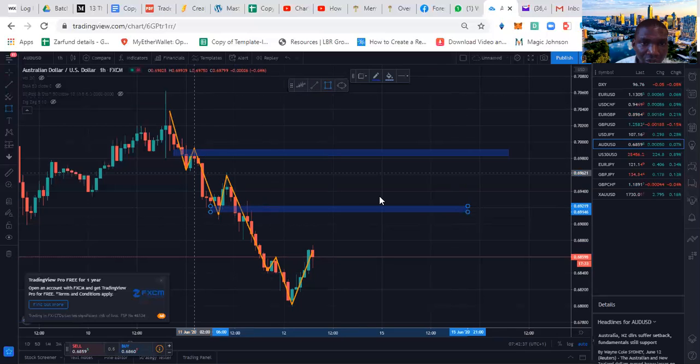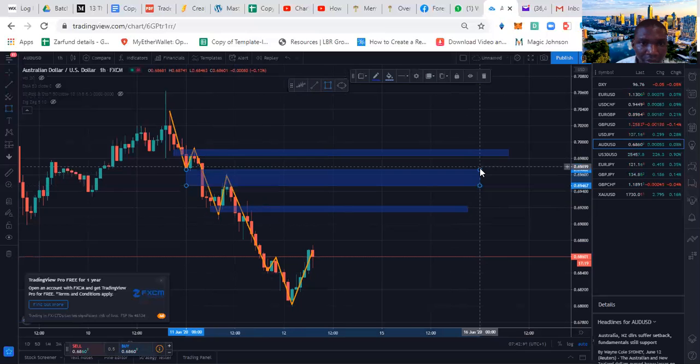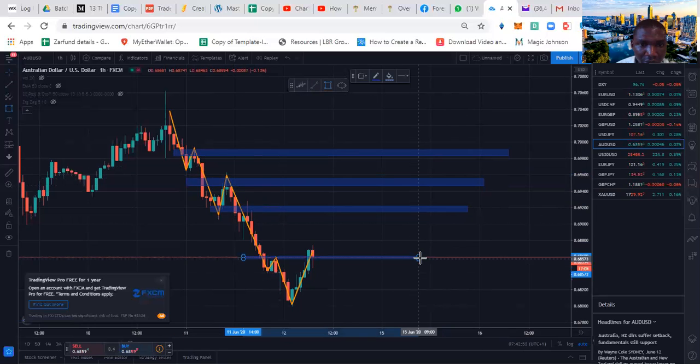We have another structure right here on top. We have another structure down here. Then we have a structure right here. So it looks like the structure has just been broken.